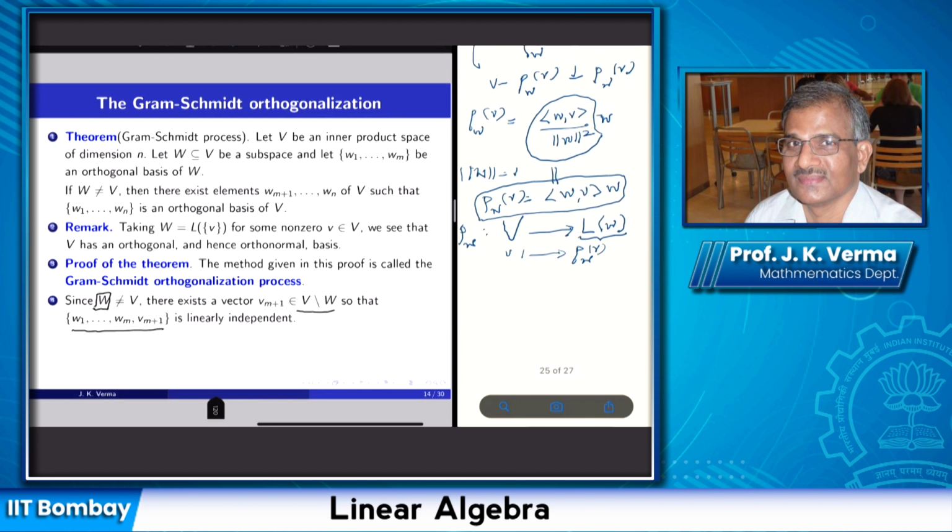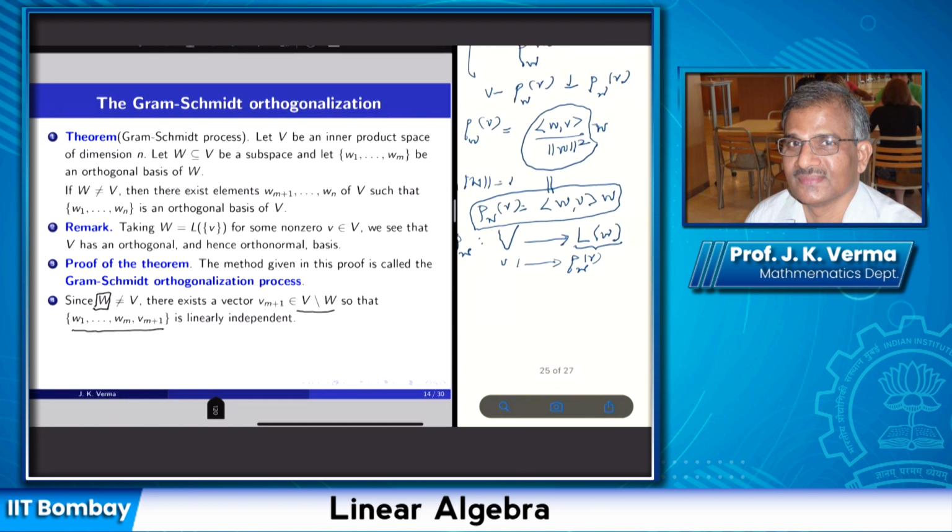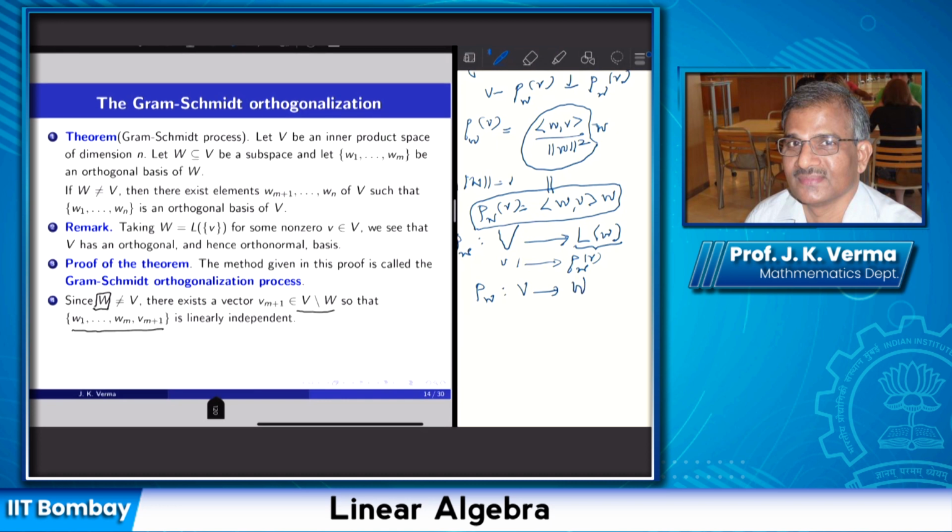This map which is projecting vectors onto the line passing through W, from V to the subspace spanned by the single vector W, is a linear transformation.